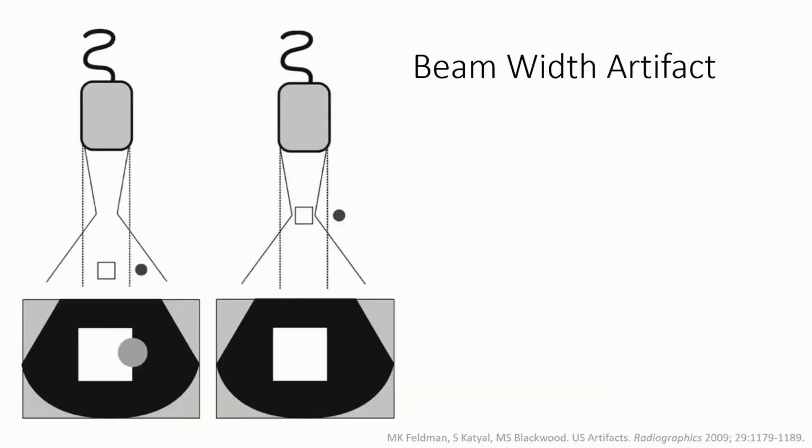The beam width artifact is made because, as I mentioned, the echo image is made mostly by the main beam, but it widens distal to the focal zone. This is the focal zone, and it widens after this focal zone.